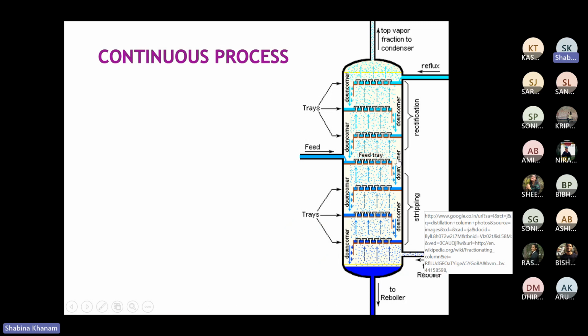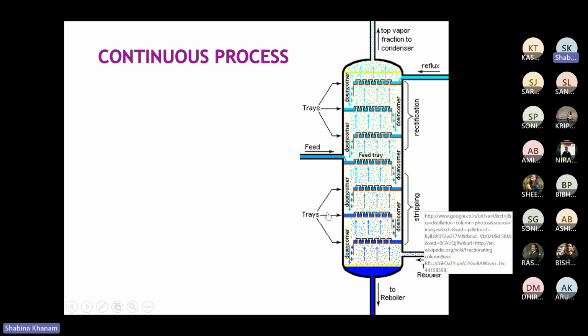And as vapor moves upward, it again takes the same lighter component from liquid to vapor. But this is not called the stripping section, this is called the rectification section or enrichment section. The reason being, here the component is transferred from liquid to vapor, so that component is already available in the vapor till it enters the rectification section.